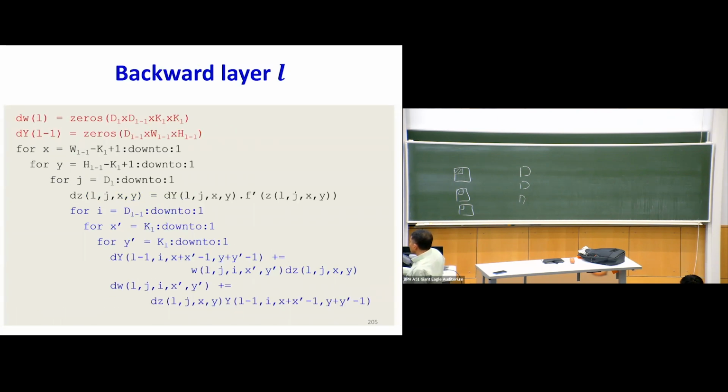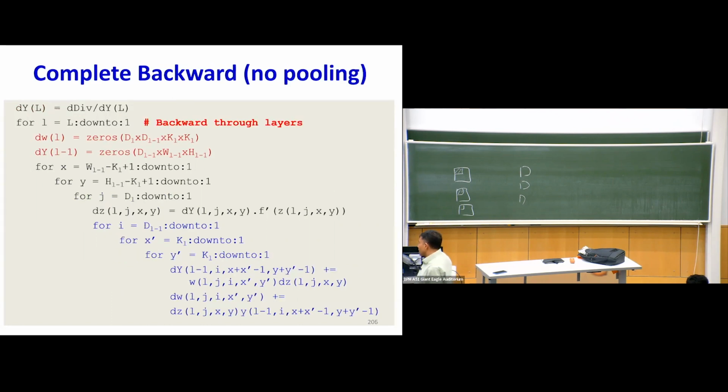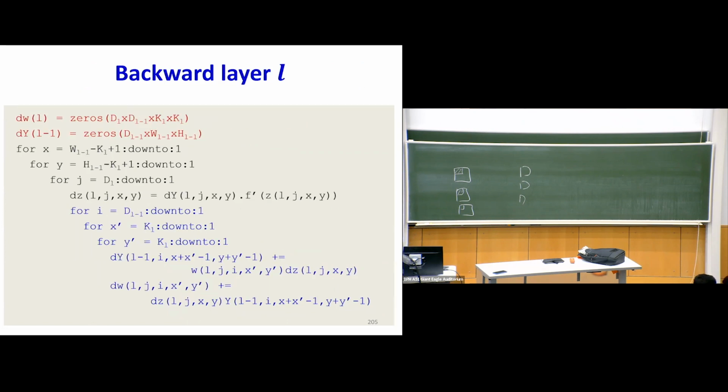So here I'm going to go over all of the input channels, but in reverse order. It doesn't really matter, but just for consistency, I'm reversing the order, okay? And then here I'm going from beginning to end, top to bottom, so I would be flipping that order too. Some of these reversals are not really important, but we're staying consistent because it's back propagation.